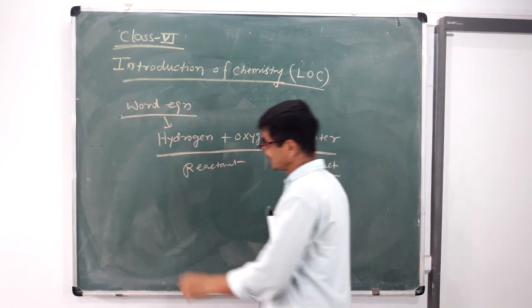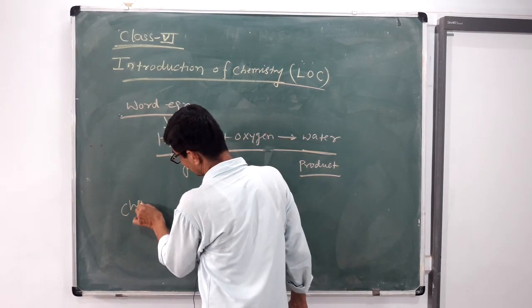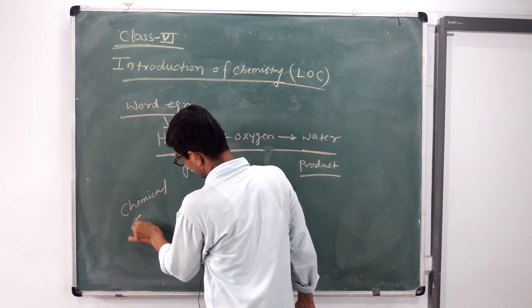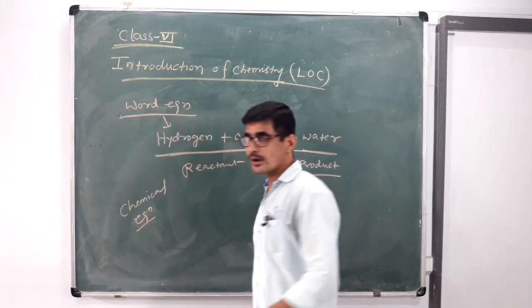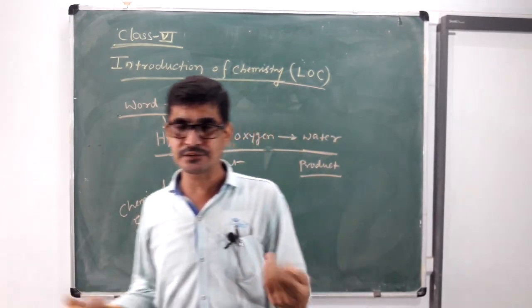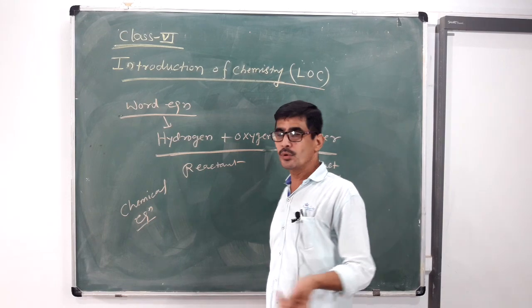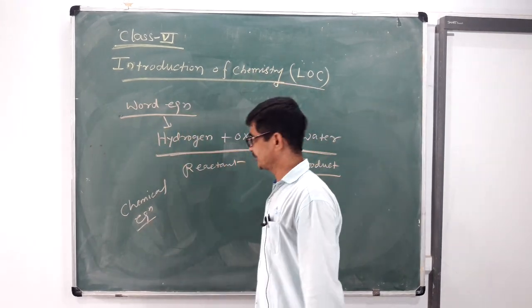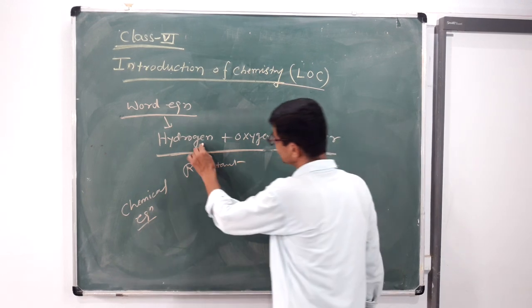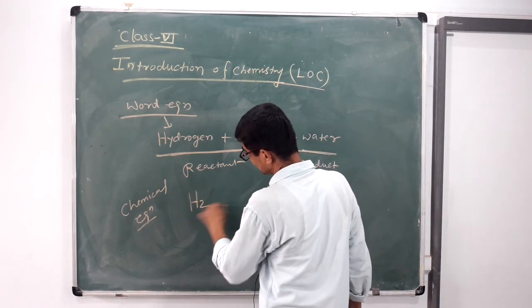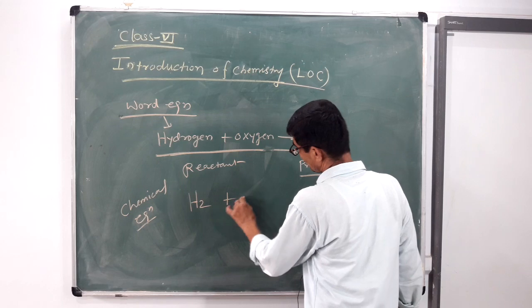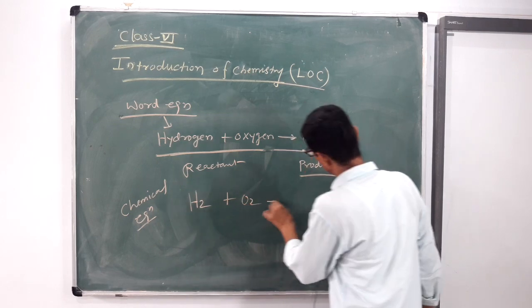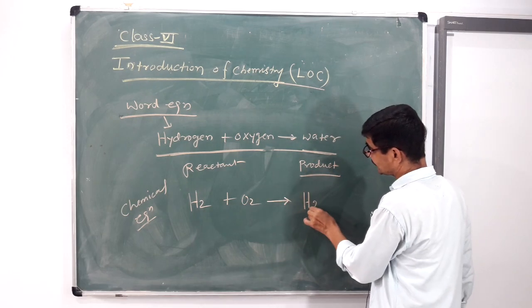Now as far as the chemical equation is concerned, when a word equation is expressed with the help of symbols and formulas, then it is called chemical equation. So hydrogen is diatomic, H2, oxygen is O2, and now the formula is H2O.